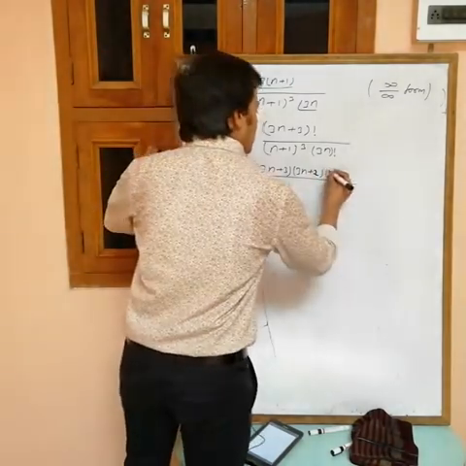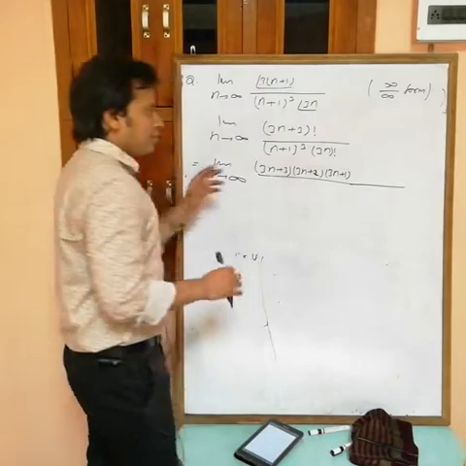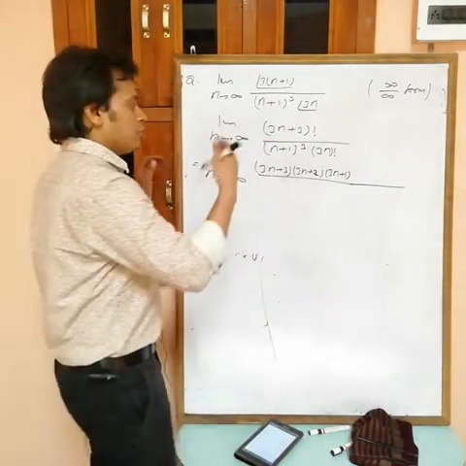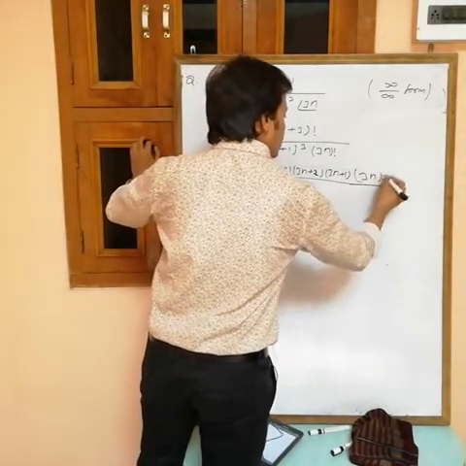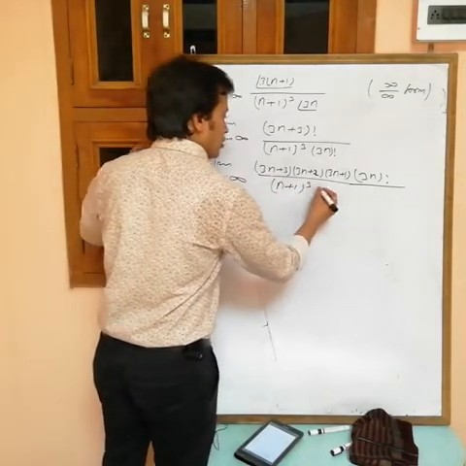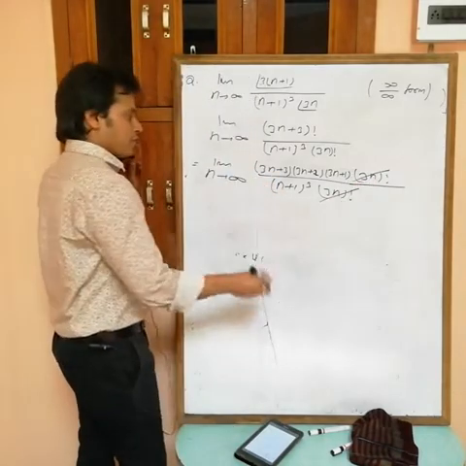If I write 3n plus 1 also outside, then what do you have? Actually, this is the product from 3n plus 3 down to 1 na. So this one outside, then what remains? 3n factorial. Then (n plus 1) cube, 3n factorial, cancel out.